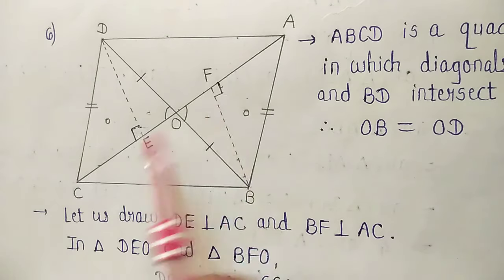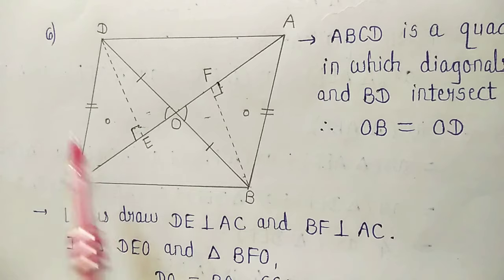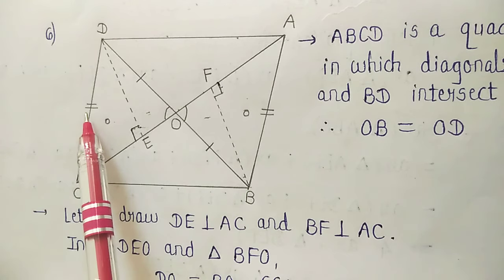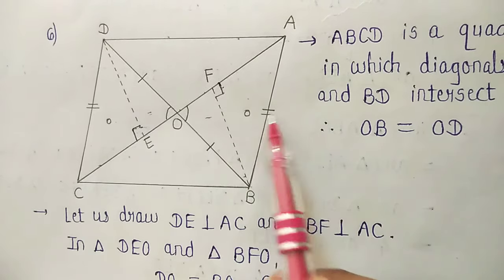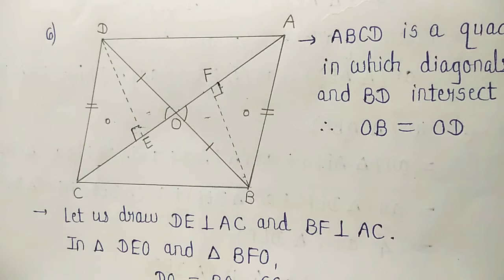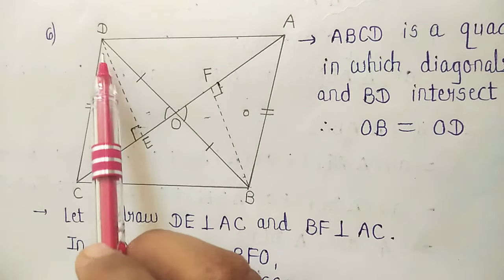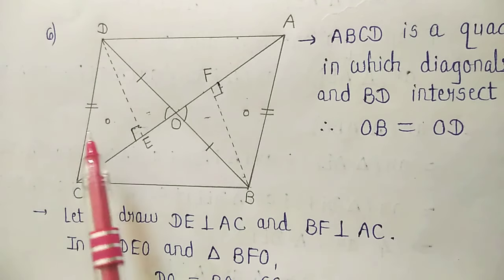Here we have right angles, right? For triangle DEC we have hypotenuse DC. For triangle BFA we have hypotenuse AB. DC and AB are equal, right? So that is one thing. Also we have proved DE and BF equal. So here we'll use the RHS rule.